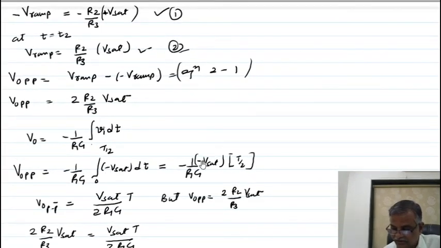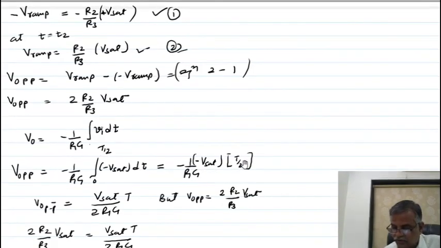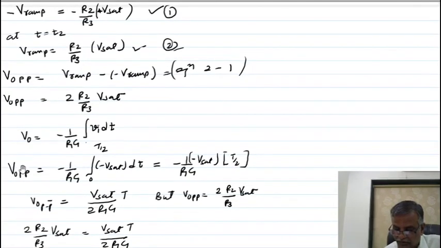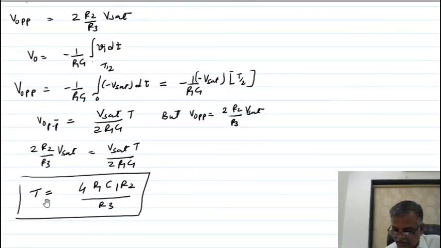So I have written this minus sign. Integration of dt is T by 2, so I am putting T by 2. What is the VO peak to peak? 2R2 by R3 V set. V set will be cancelled and I will get T equal to 4R1 C1 R2 upon R3.